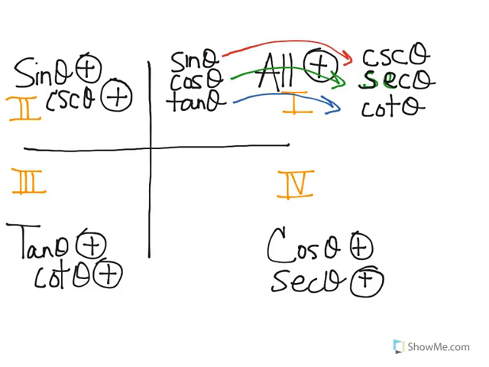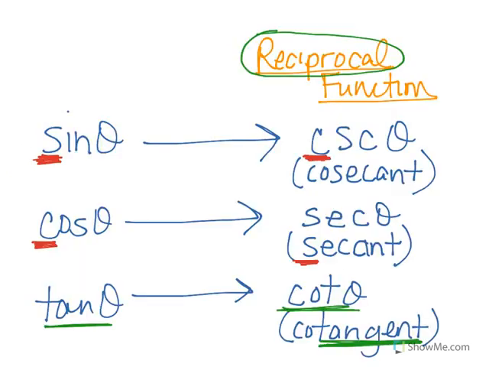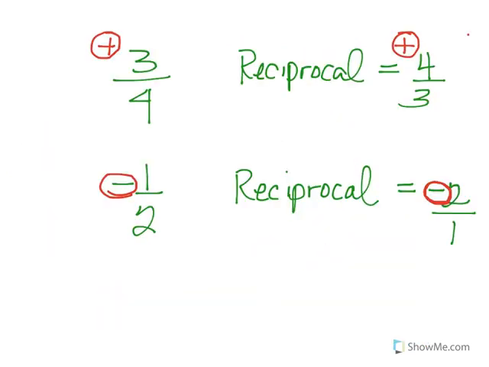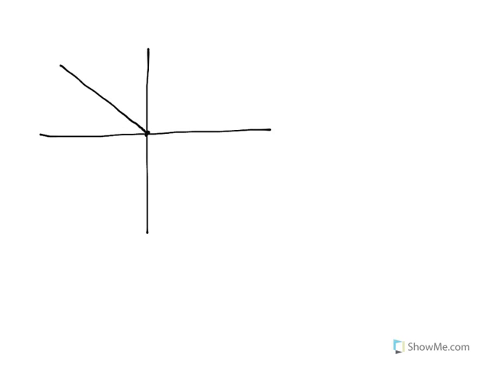So now what we're going to do is try to apply all of this knowledge from these 3 slides with an example. So you're going to make an XY axis, and we're going to be making a right triangle in quadrant 2.